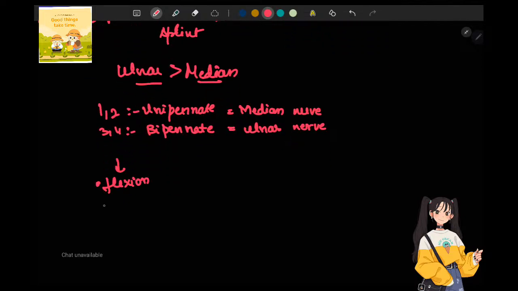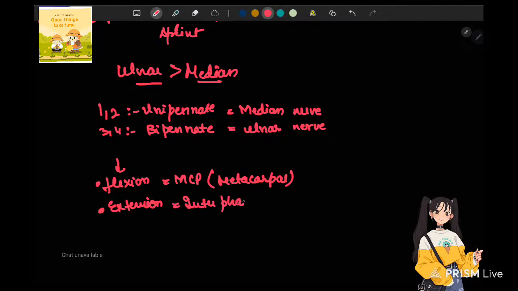This will go for flexion, extension. Flexion is MCP, that is metacarpophalangeal, and this is interphalangeal.